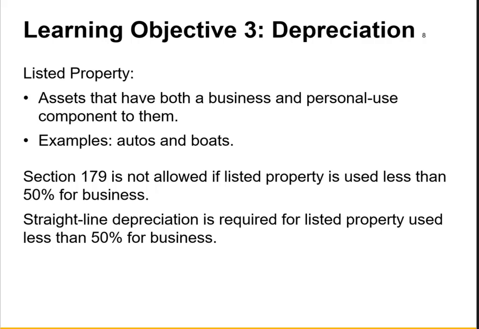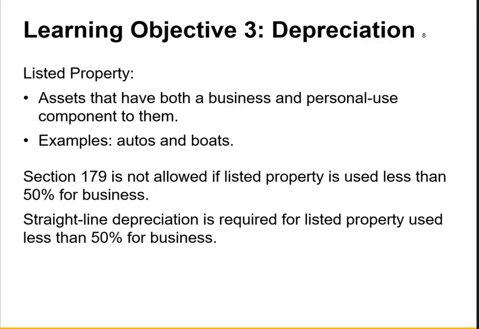Now, this sounds almost too good to be true, and so, of course, there are some limits. One of them is what's called listed property. These are assets that have a very clear business or personal use component. A dump truck doesn't have a personal use component to it, so it's not a listed property.